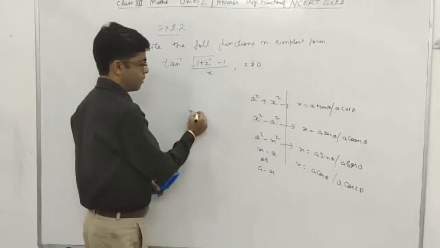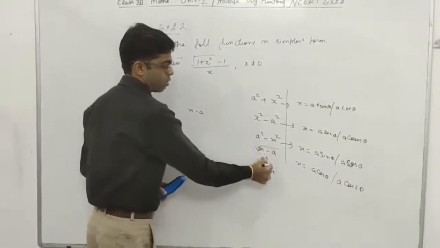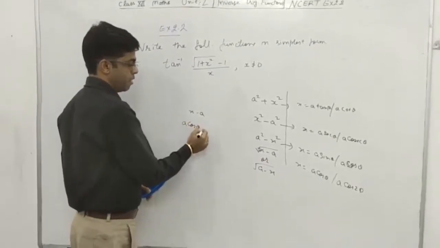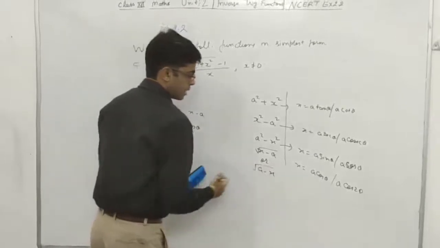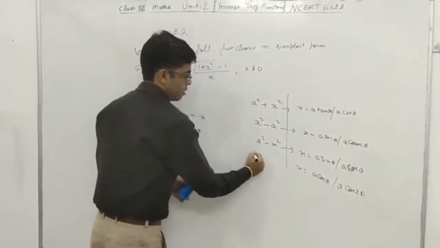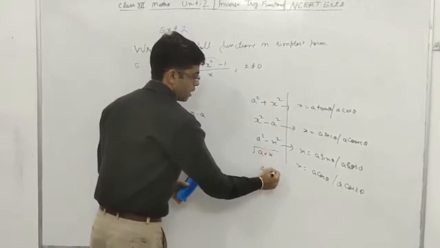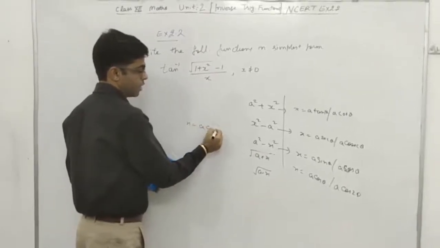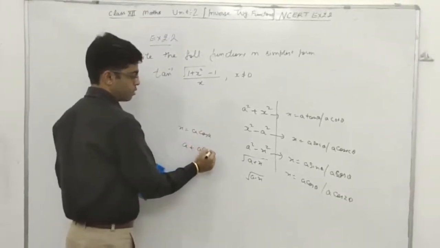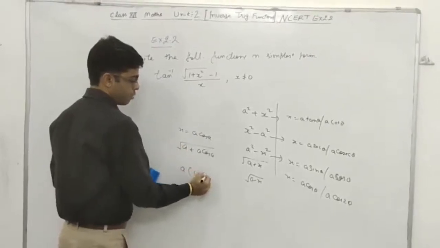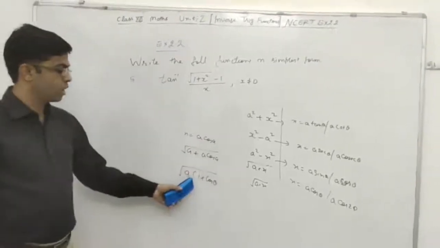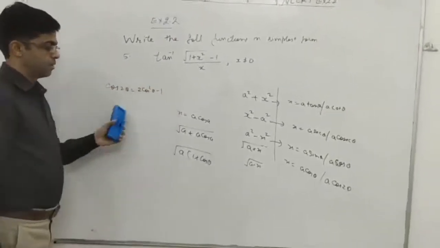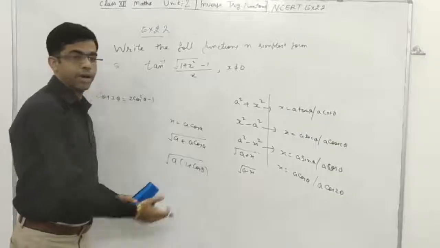So when you substitute a cos theta, this will be a plus a cos theta, that is a times (1 plus cos theta). So you can apply the cos 2 theta formula, which is 2 cos square theta minus 1. In this way it can be simplified further.